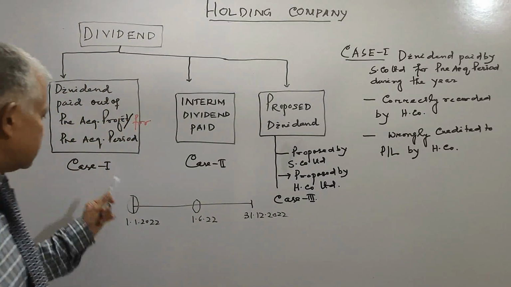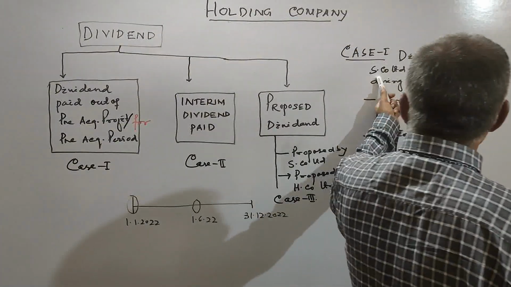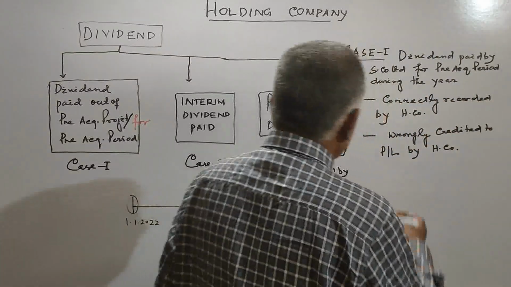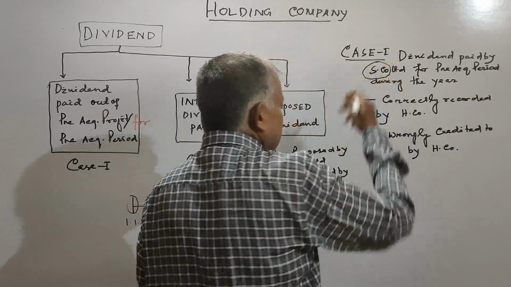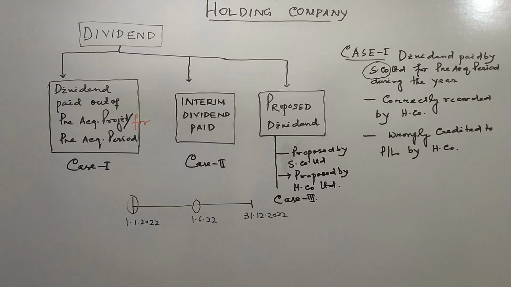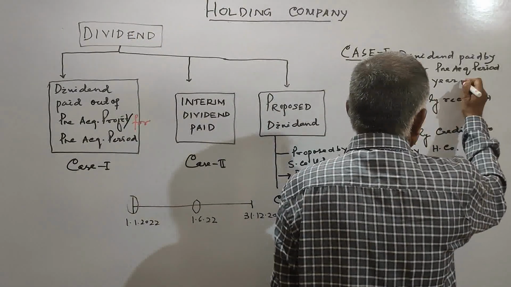So let us consider case 1, dividend paid by subsidiary company. I have written it S Company Limited. Please remember this is subsidiary company limited for pre-acquisition period during the year.